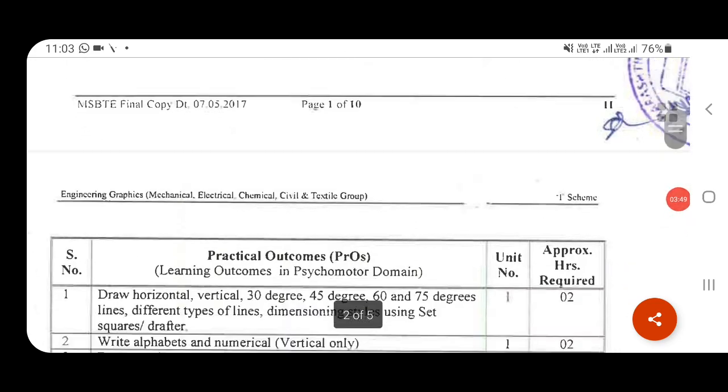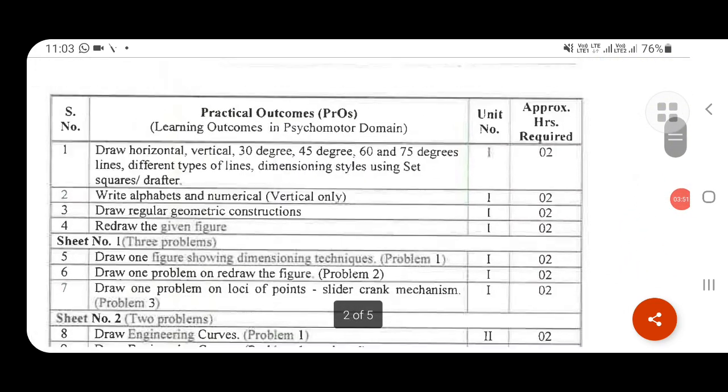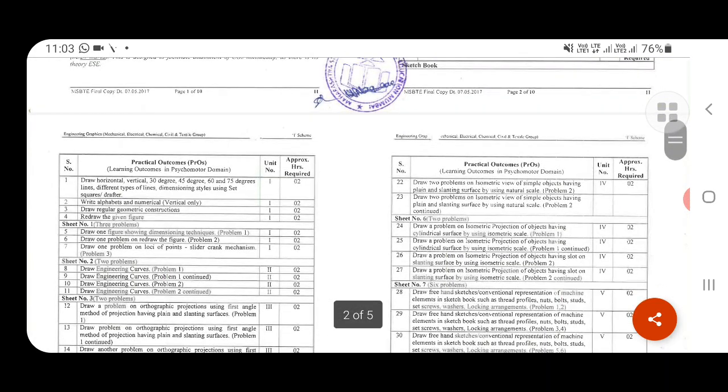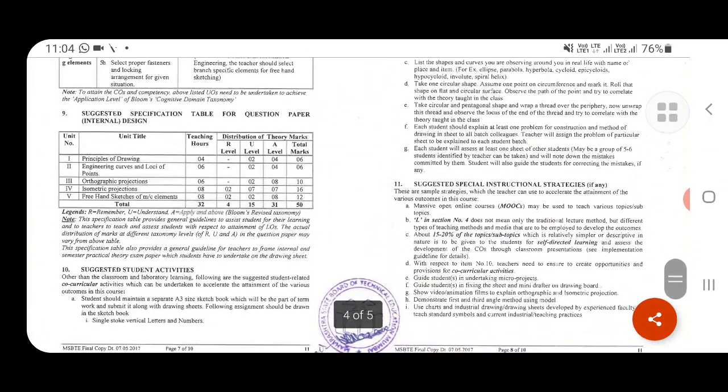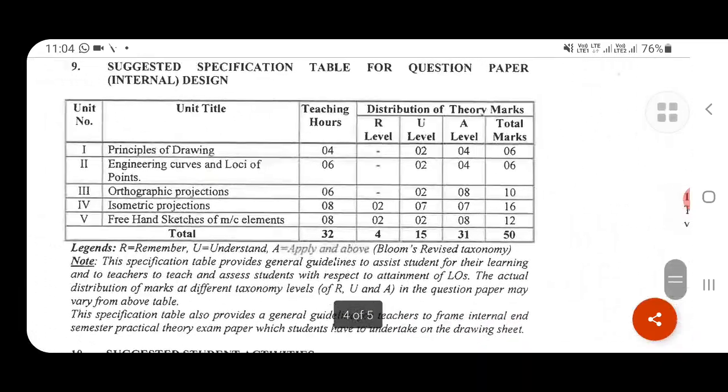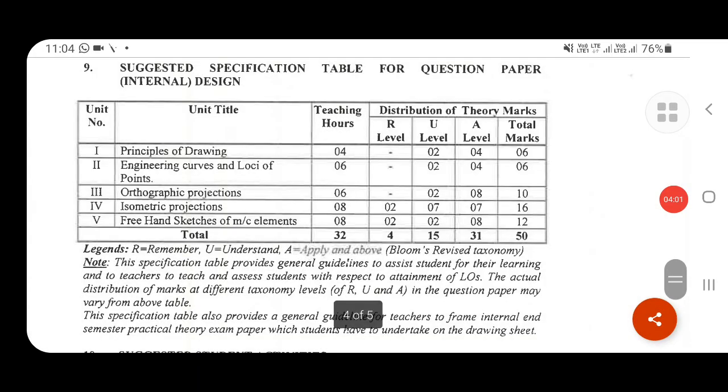So let's see the syllabus, firstly the marking scheme. The first unit is principles of drawings, for which 4 hours of teaching are required and the marks are 4.